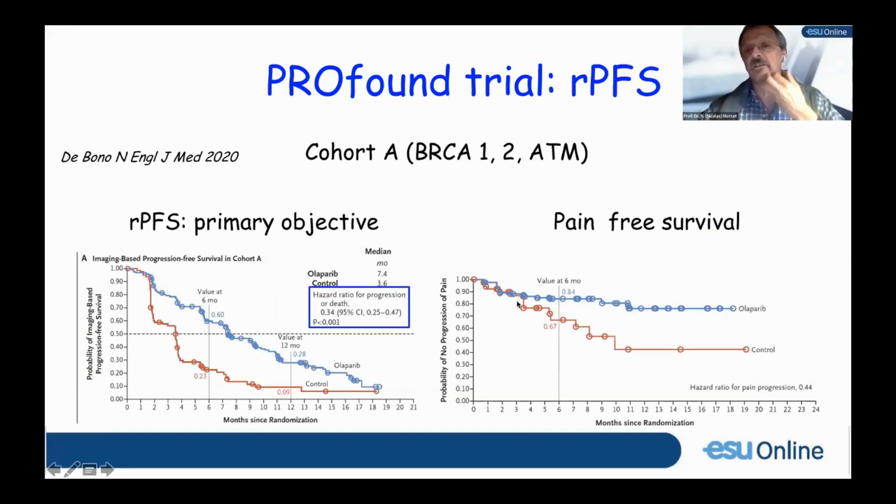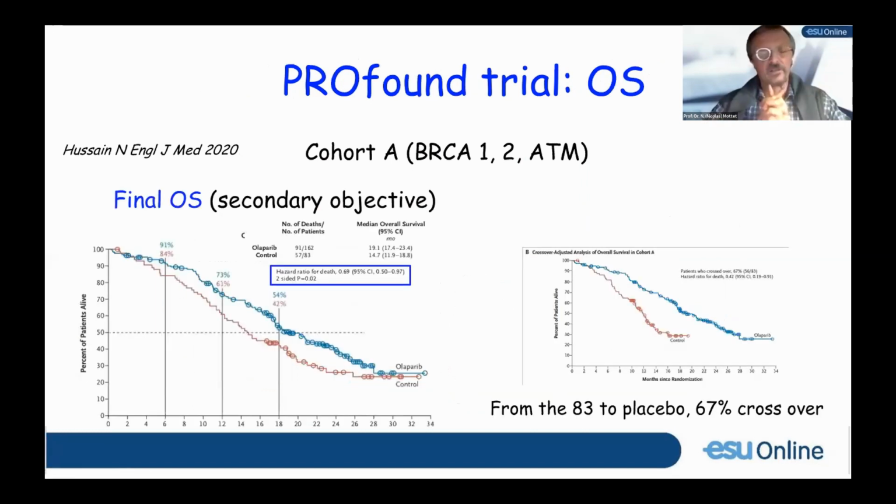Clear, huge difference between olaparib versus control for those men, again, from cohort A. Even better, overall survival, which is a secondary objective, was also achieved with a favorable outcome despite crossover, and crossover was not trivial. It was up to 67%. If you remove the crossover patients, the results are even more impressive. So clearly for cohort A, that is BRCA1, 2, and ATM, it works.